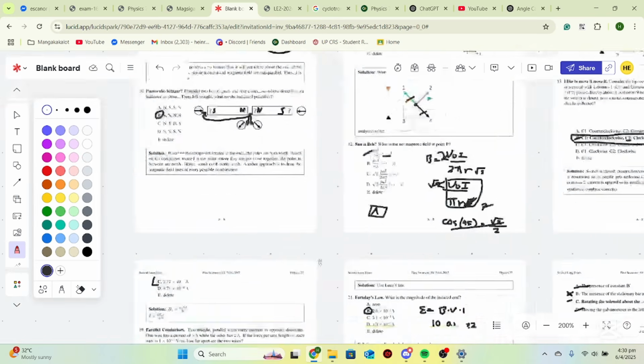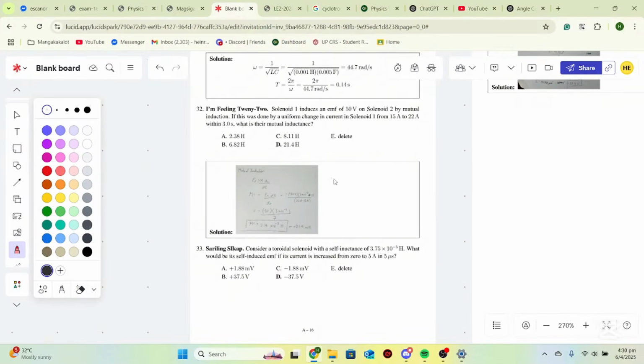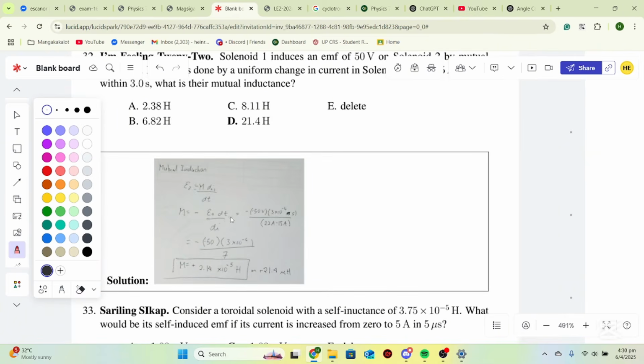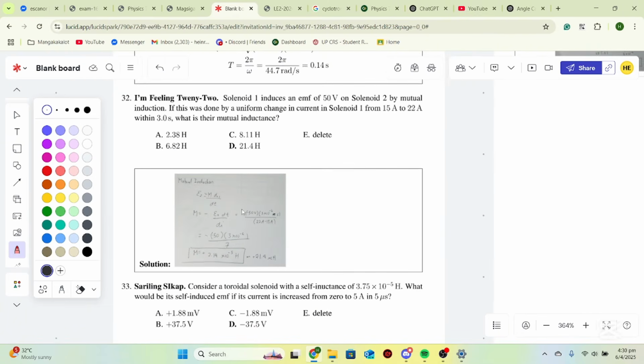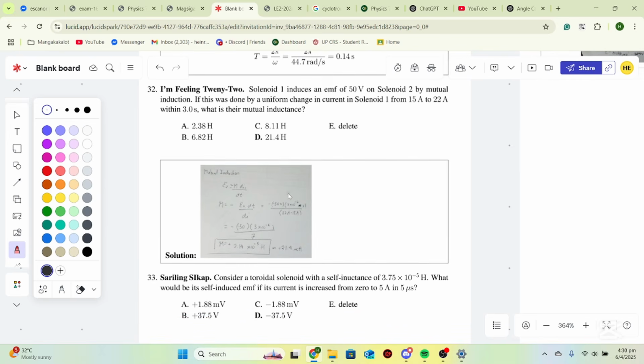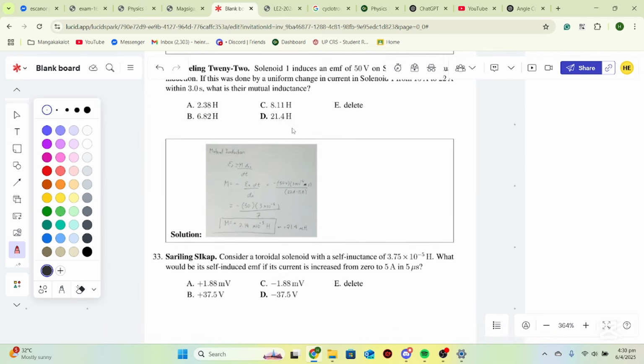We're looking for inductance, so it's negative E over di dt. So we just plug and play: negative 50 times 3, over 22 minus 15. Just a reminder, di dt, you can find it on your own. It's just the difference between the final and initial, final minus initial. And so it's 2.4 times 10 to the 15 Henry divided by 4.